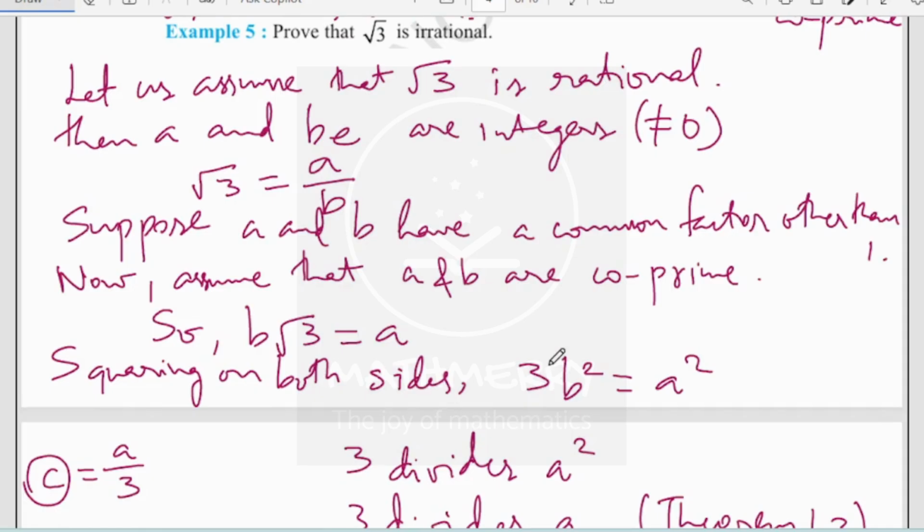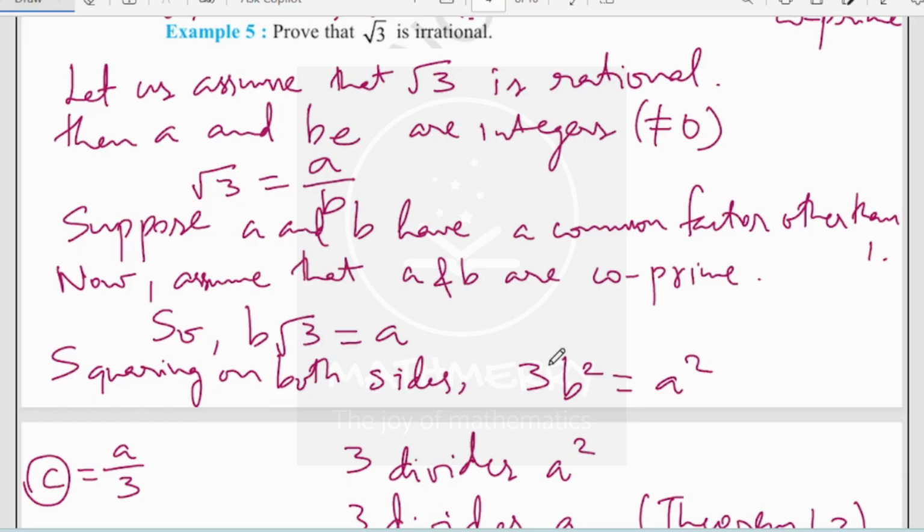The structure is that first we assume root 3 to be a rational number. Then we take two integers a and b. We represent root 3 as a by b, where a and b are not 0 and they are integers.